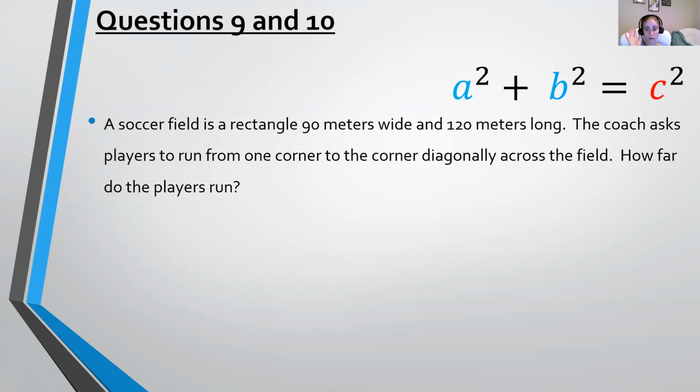However, for me personally, if I don't have a visual, then I have a hard time knowing, are the two pieces of information given my legs, or did I get a leg and a hypotenuse? Which one of these am I trying to find?